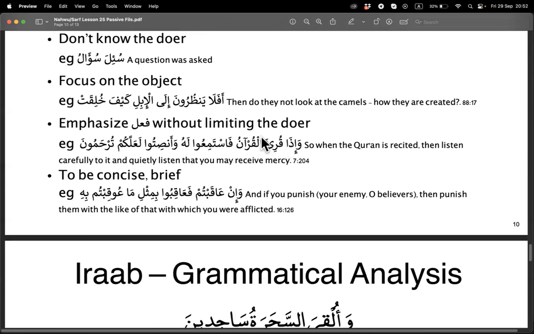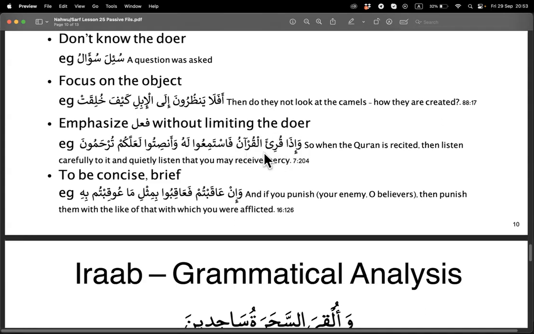So when the Quran is recited, the meaning here is it doesn't matter who is reciting the Quran. Whether it's a nice qari, maybe it's just someone in your house, anyone. Whenever the Quran is recited, no matter who is reciting it, we should be listening carefully to it. So this is emphasizing the fi'il without limiting the doer.